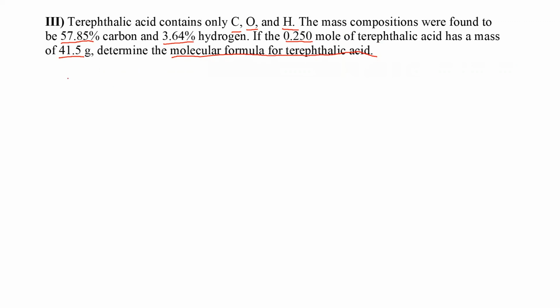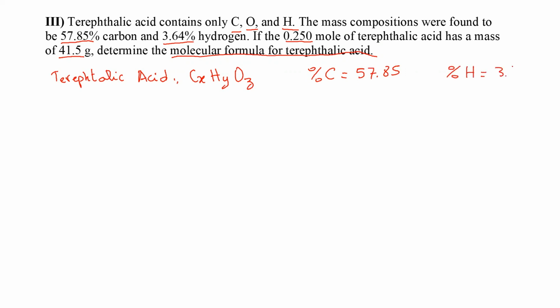So from the information that we have, we know that terephthalic acid has only carbon, so CX, hydrogen, HY, and oxygen. We know that the percentage of carbon is equal to 57.85. The percentage of hydrogen is equal to 3.64.